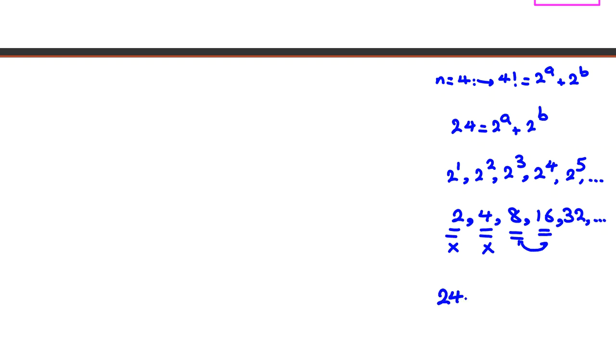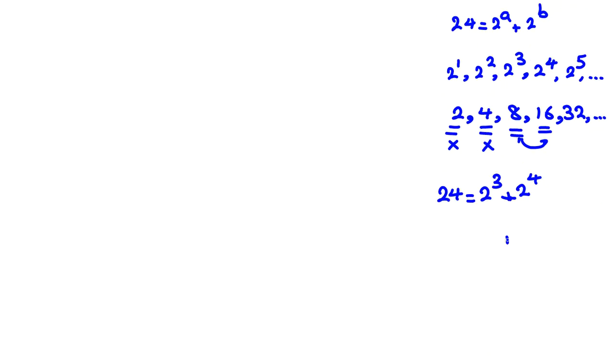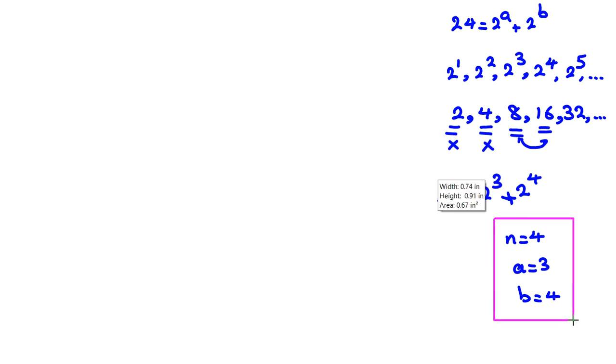So the only possible case is 24 equals 2 cubed plus 2 to the fourth. So here n is 4, a is 3, b is 4. It is the second answer.